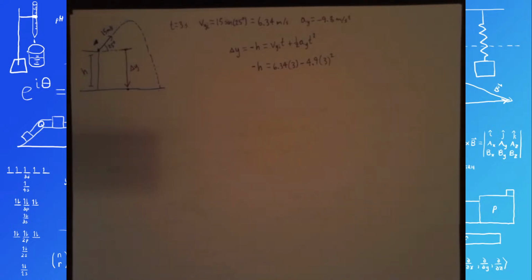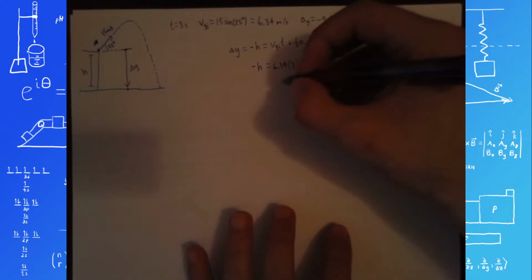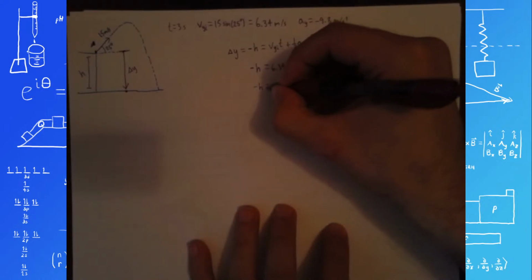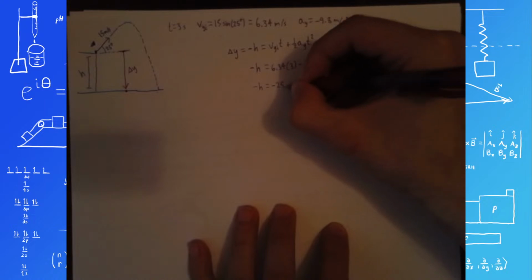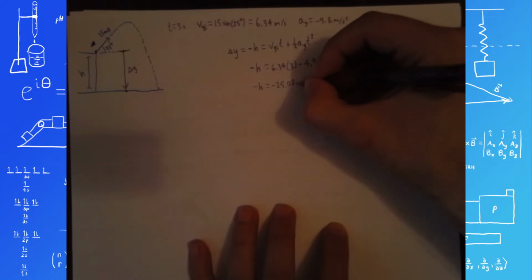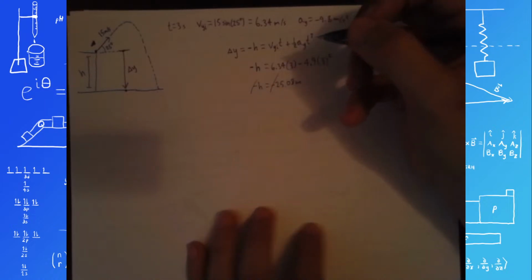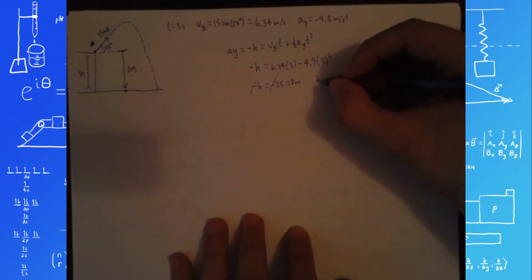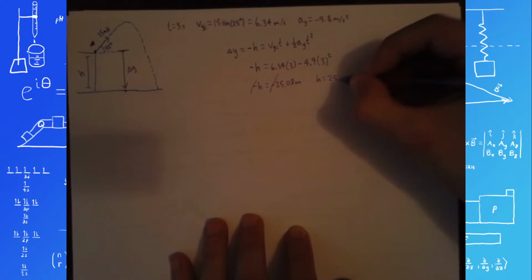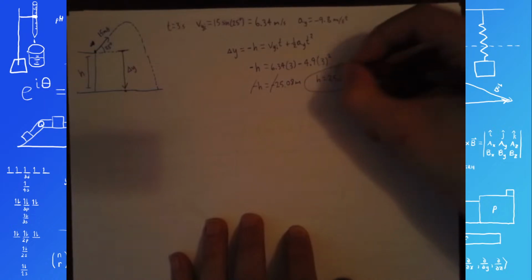And let's see what we get. 6.34 times 3 minus 4.9 times 9. And I get negative 25.08. Negative h equals negative 25.08 meters. The negatives cancel out. h is equal to 25.08 meters.